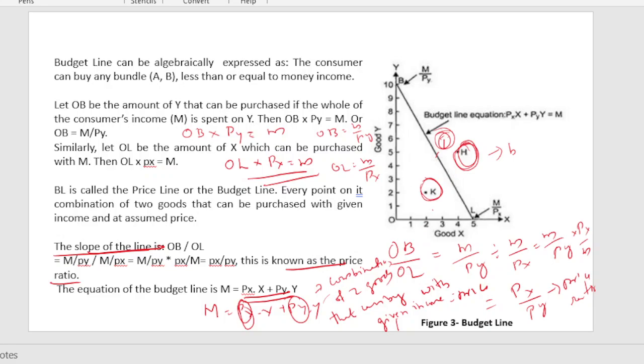So I can buy any combination of goods on or within the budget line, and the equation of the budget line is M is equal to PX X plus PY Y.